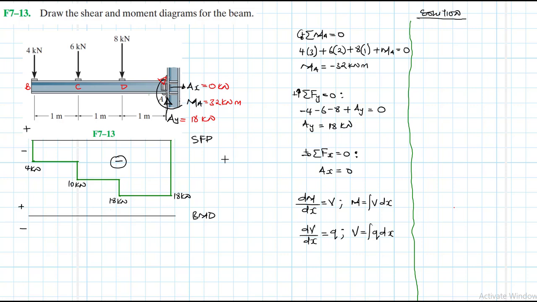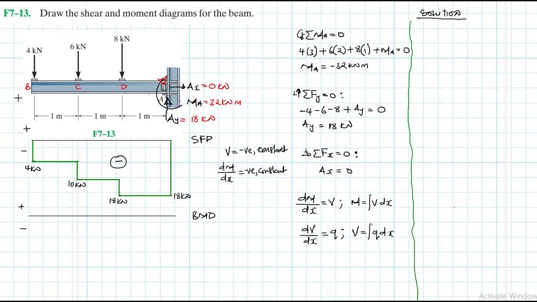From B to C, our shear is negative and it is constant. Okay, negative value of 4. So we expect the slope of our moment to also be negative and constant. Okay?